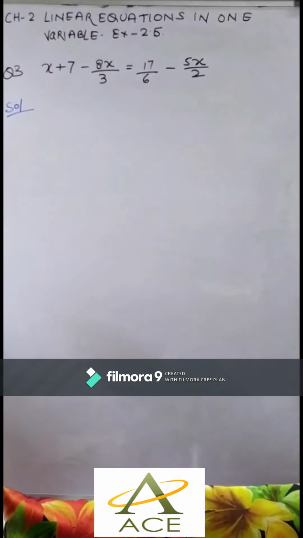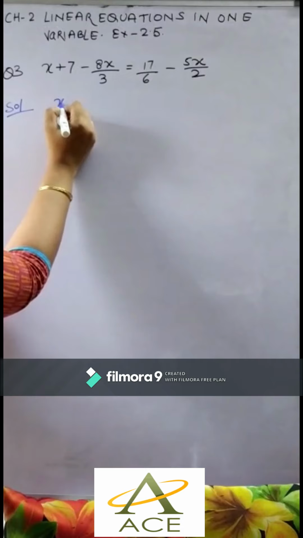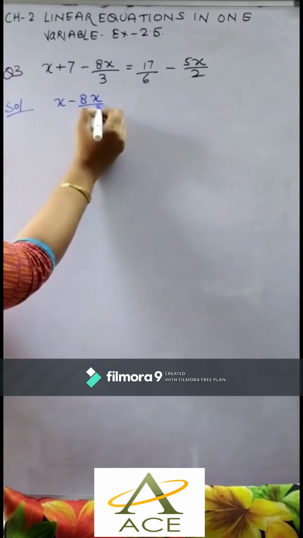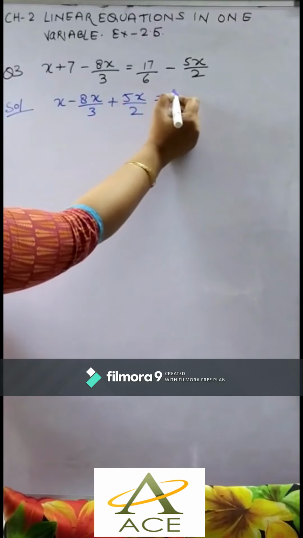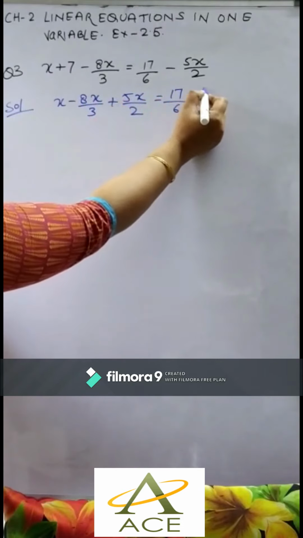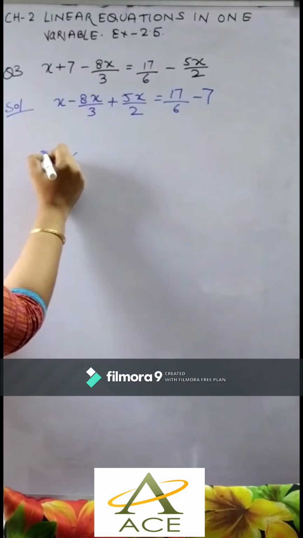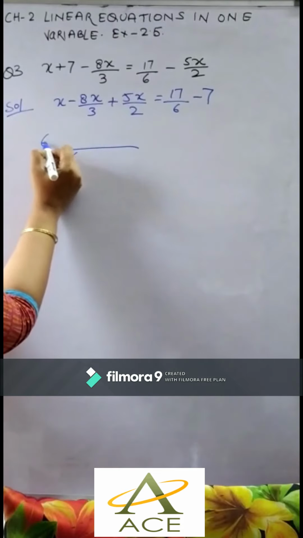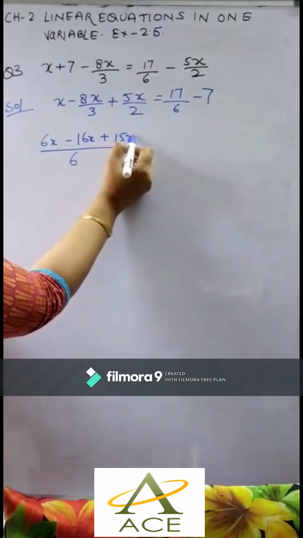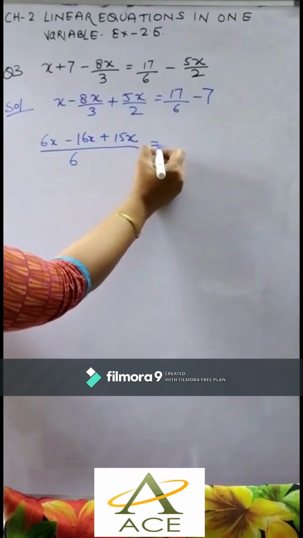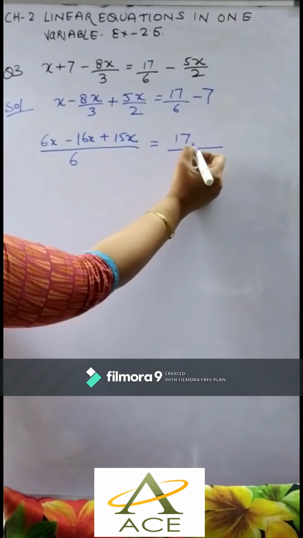Now we will take question number 3. In this question again, we will take variables on one side and constants on the other side. x minus 8x upon 3 plus 5x upon 2 is equal to 17 upon 6 minus 7. Now we will take the LCM. 6x minus 16x plus 15x is equal to 17 minus 42. Here the LCM will also come as 6.